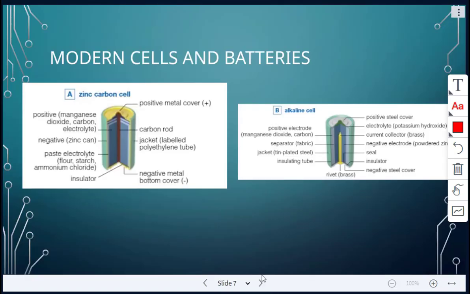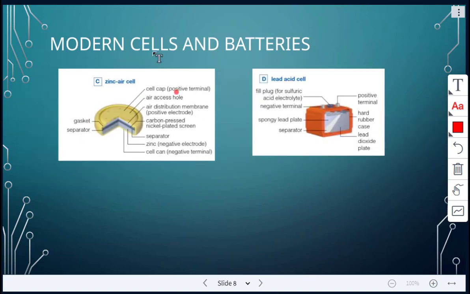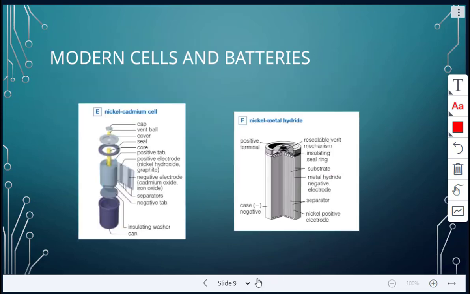Right, these are some different types of modern cells and batteries. You can take a look in the textbook as well. We have a zinc carbon cell, this is an alkaline cell, a zinc air cell, a lead acid cell, nickel cadmium cell, this is a nickel metal hydride cell.